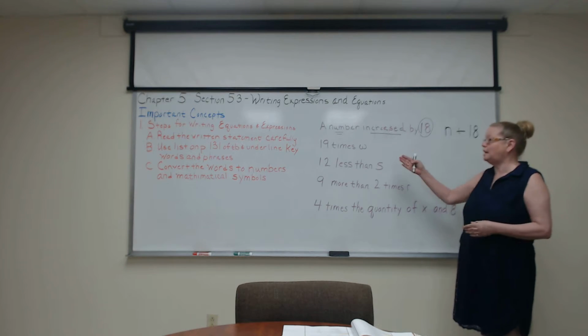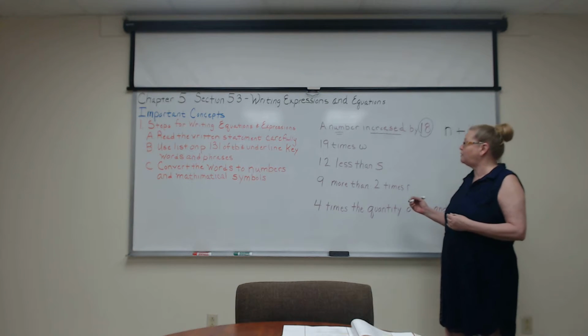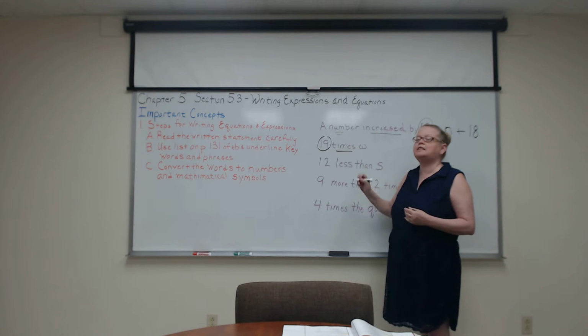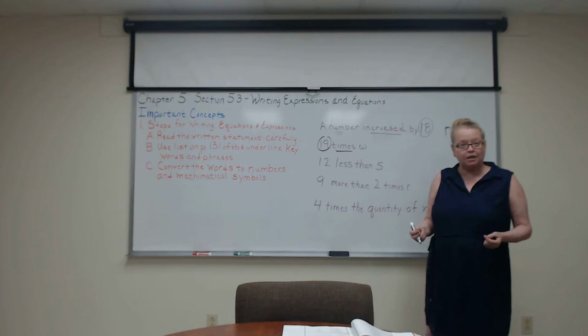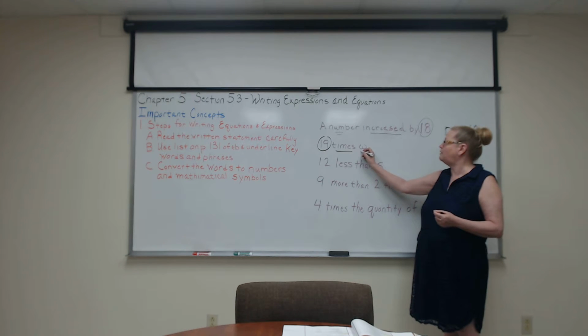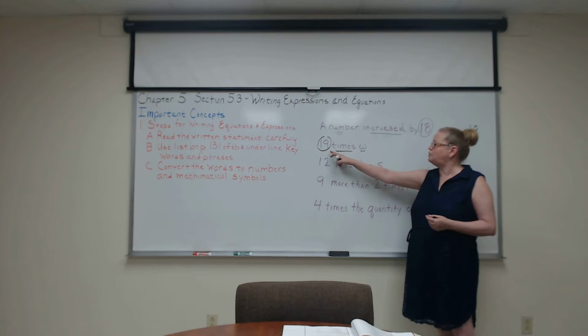Here we have 19 times W. So we have our number. The word times is an indication of what? Multiplication. So we know we have multiplication, and then we have a letter that's given to us. So we're going to multiply 19 times some number.